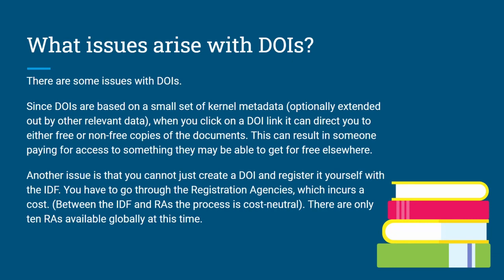For example, you may click on a DOI link and it tries to send you to Gale databases, which generally are free access if you're in a public library. Or it could send you to a restricted database where you have to pay for access or pay per article. So it's not ideal because the location of the item can change over time. Sometimes the access is going to be an issue.